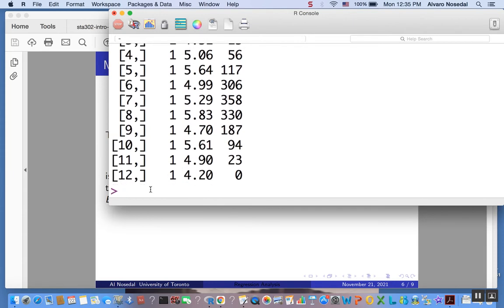Now, since we're going to be doing matrix multiplications, I just want to make sure that R knows that X is a matrix. So I'm going to create a matrix with the values of X. Number of rows, well, n. Number of columns, well, it's going to be 3. We have one y-intercept, right, and 2 predictors, x1 and x2.